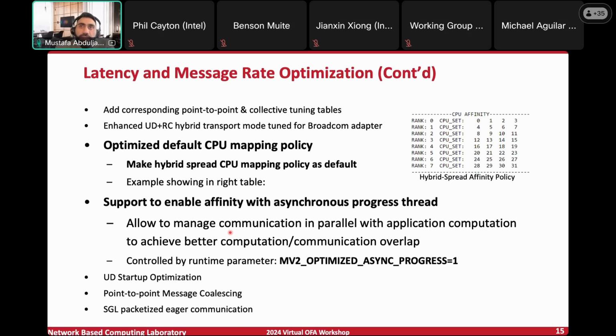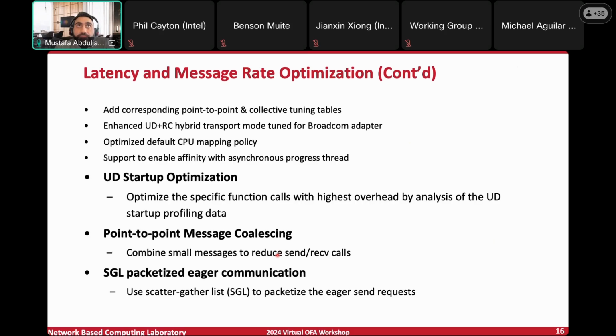For these particular scenarios with non-blocking communication, it's beneficial to have some software mechanism whenever it's not possible to progress communication with hardware. It is beneficial to try the asynchronous progress thread, and that's an optimization parameter that we have actually added for the 237 Broadcom series.